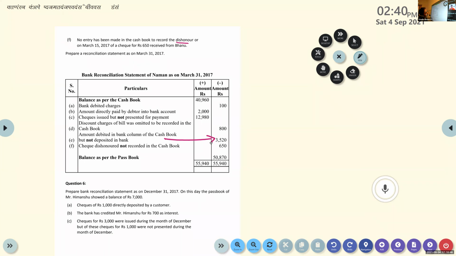Is that clear? Yes, ma'am. How about others? Nobody's video is on except Rahul, Anish and Pranav. Akshay also. I can see 4 of them only.